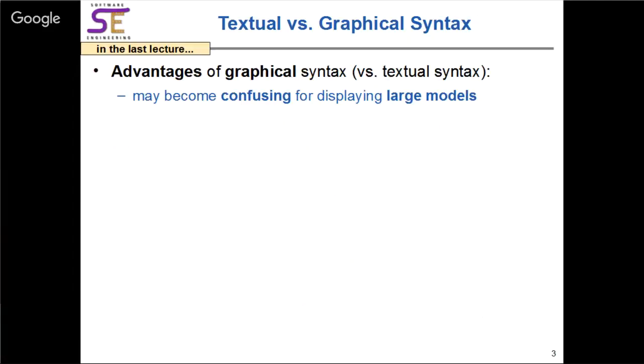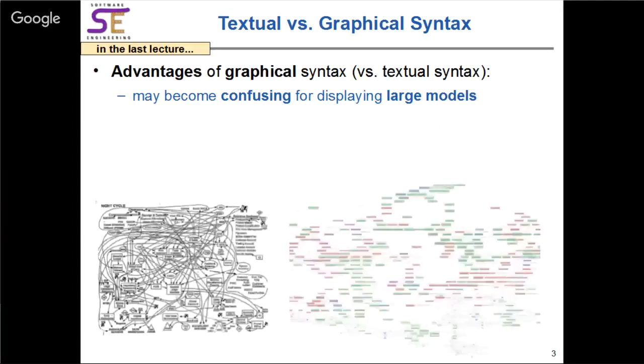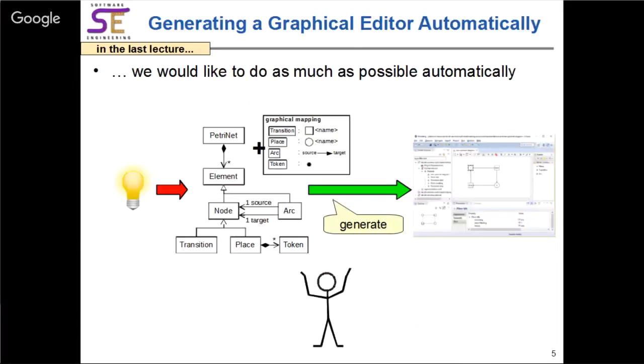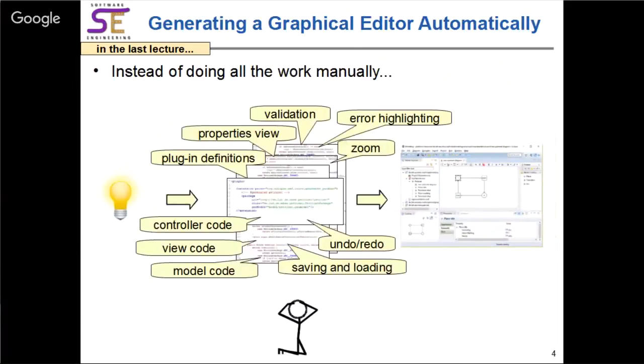wants. And we also discussed, so if we want to create tools that support our language, that also offer the user the possibility to edit models in our language in the concrete syntax that we define, then sometimes this is a very demanding task to do.